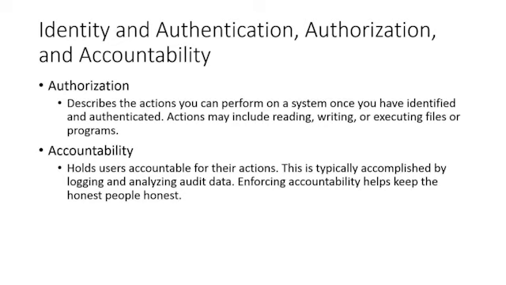Now, once we start authorizing people and they start doing their job or whatever it is that they're doing, we have to be able to hold them accountable. That's where accountability comes in. We hold them accountable for their actions, for what they did or what they didn't do. We typically accomplish this by logging and auditing data of what's going on on our networks, on our servers, on our workstations, on our laptops.